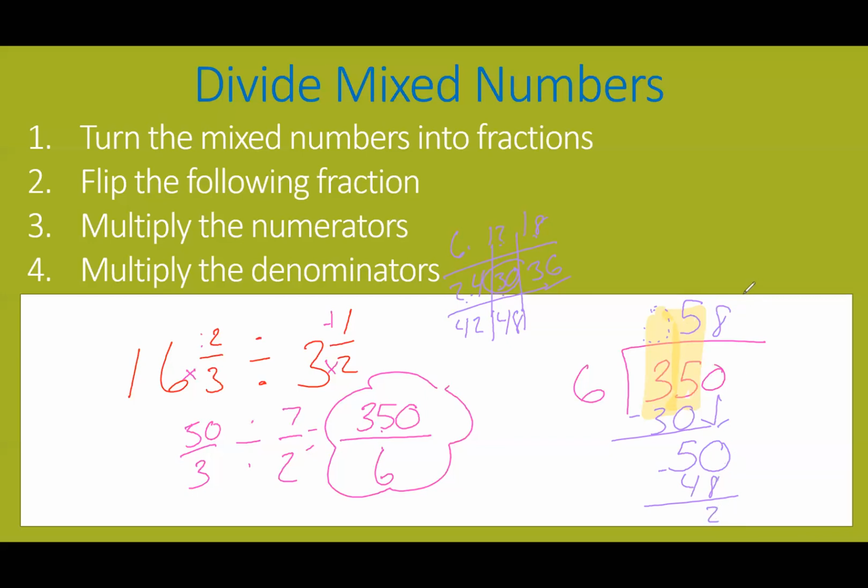So that's going to be 2/6. Can I still reduce this? Yes, look, 2/6. I can divide this by 2, and I can divide this by 2. 1/3. So my total and complete lowest answer is 58 1/3. And we're going to do quite a few of those tomorrow.